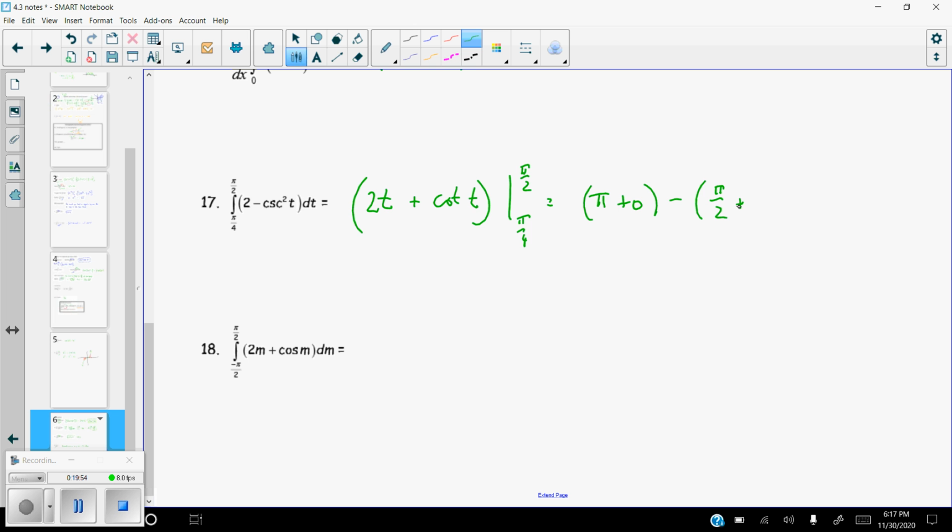Again, at pi fourths, it's cosine over sine. Cosine of pi fourths is root 2 over 2. Sine of pi fourths is also root 2 over 2. So when you divide the same things, you get 1. So cotangent of pi fourths is 1. So ultimately what we get out of this is pi minus pi halves, which is pi halves, minus 1.